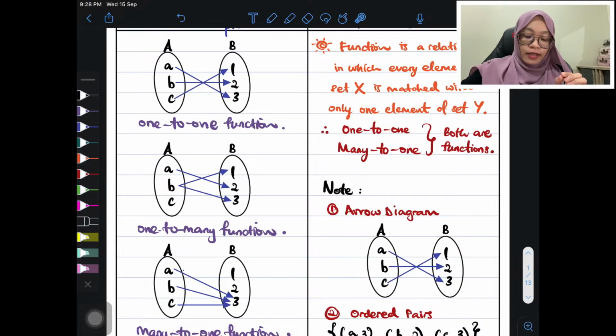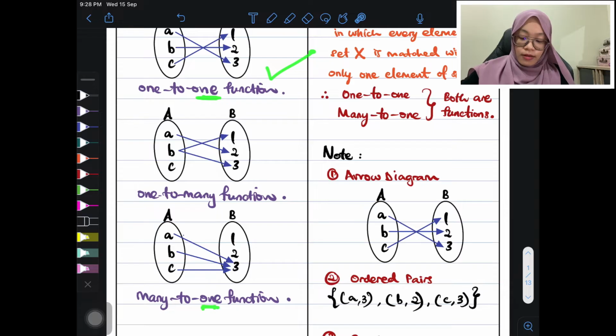So which one yang dekat set B ni ada one element sahaja? In this case, yang di-matchkan pada one element sahaja itu adalah 1-to-1 function dan juga many-to-one function. Do you understand?